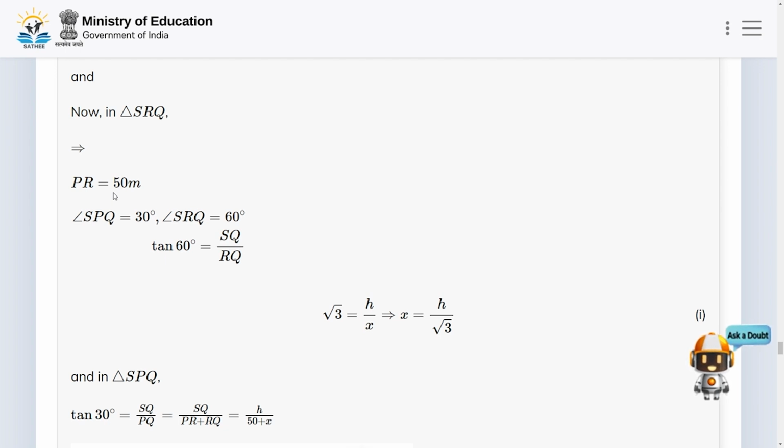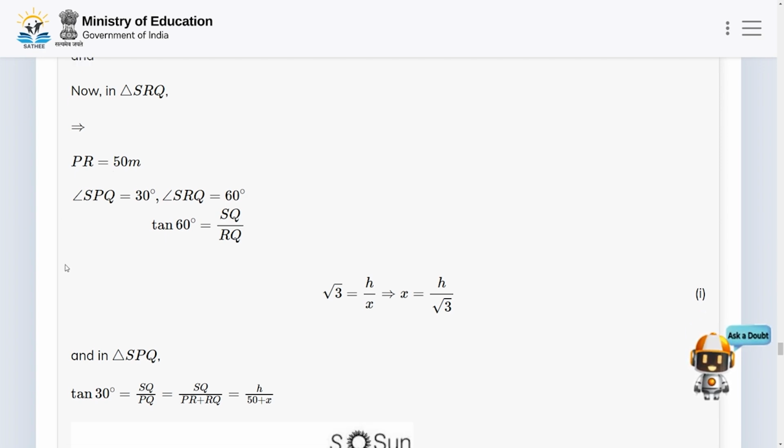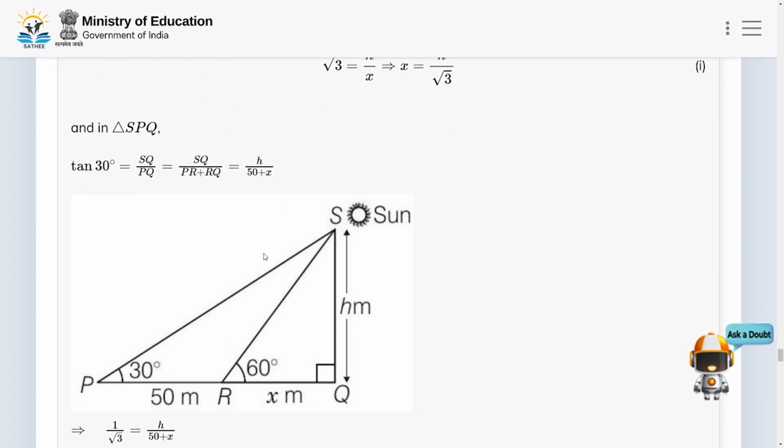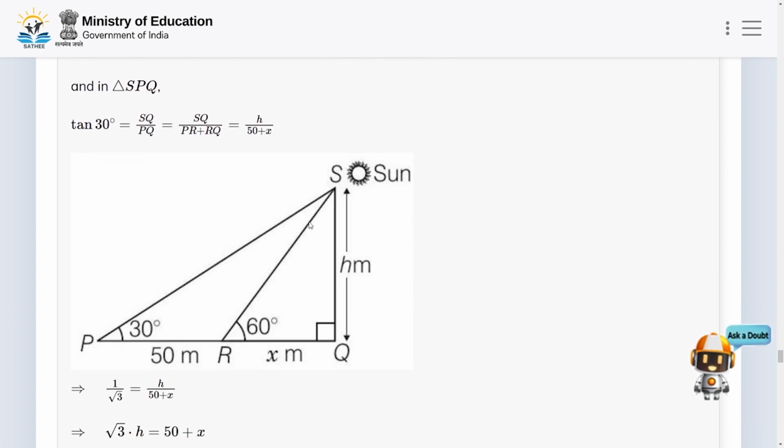In this triangle SRQ, tan 60 degrees is equal to SQ by RQ, and it implies root 3 is equal to h by x, so x is equal to h by root 3. Now in triangle SPQ, tan 30 degrees is equal to SQ by PQ, and we can write PQ as PR plus RQ.